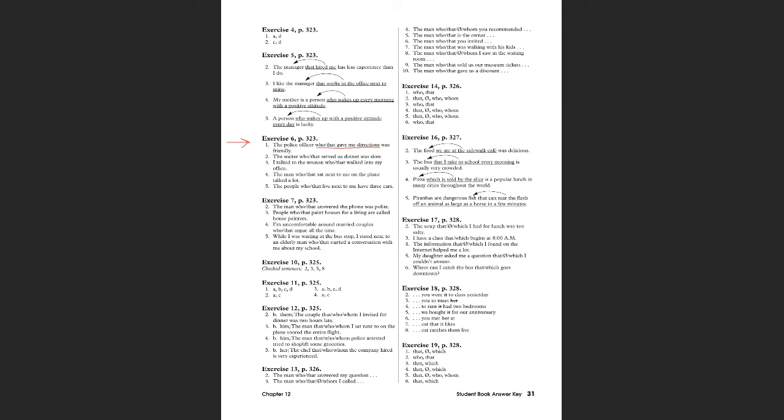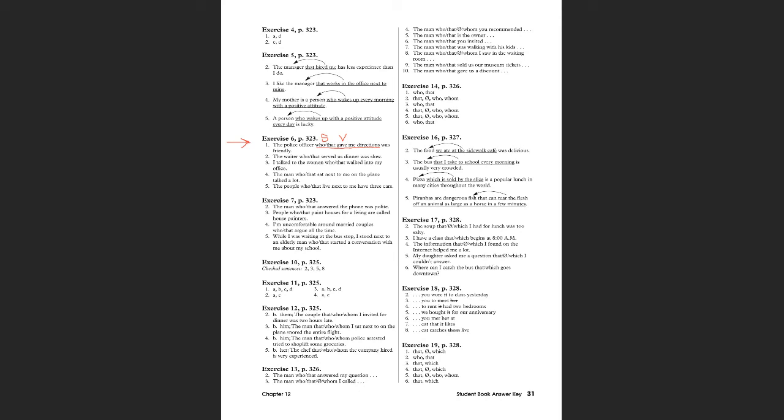Okay, so let's go back to exercise 6. We have a subject relative pronoun, that's who or that. And then we've got the verb, gave. Did everybody see that? SRP plus verb. Okay, number 2, Walter, what is your answer?